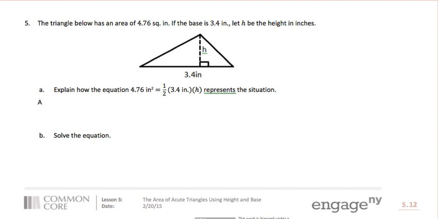And we could start by showing the formula. Area equals 1/2 times the base times the height. And I'm going to put the base and height in parentheses. And then we will say 4 and 7/600 is the area.